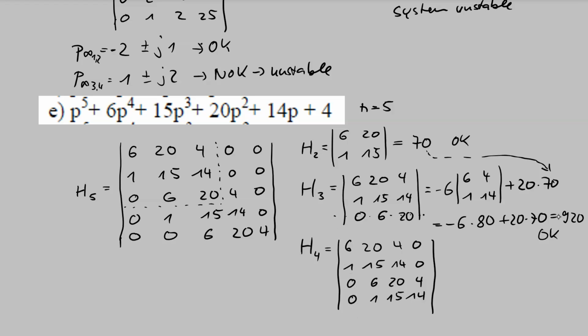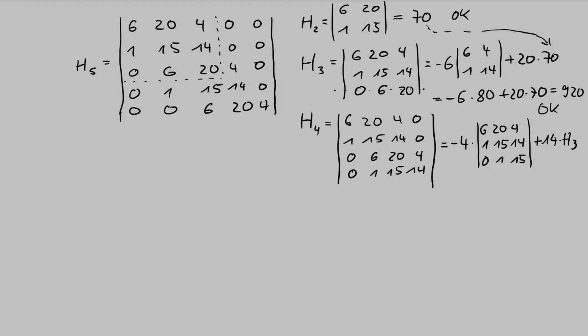I select this column for the development rule, which is plus, minus, plus, minus: minus 4 times the subdeterminant 6, 24, 1, 15, 14, and the last row 0, 1, 15, plus 14 times H3. H3 was already calculated here as 920.